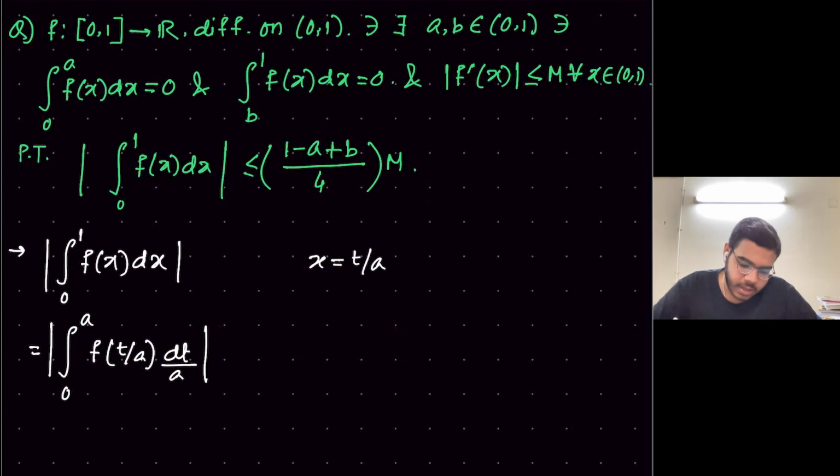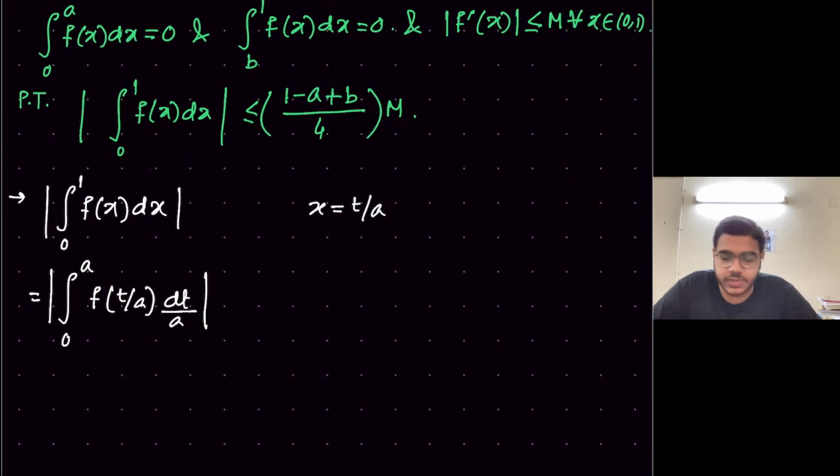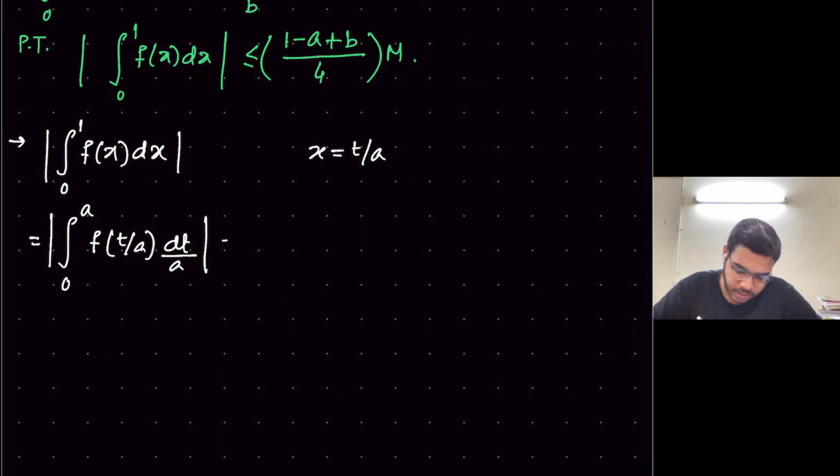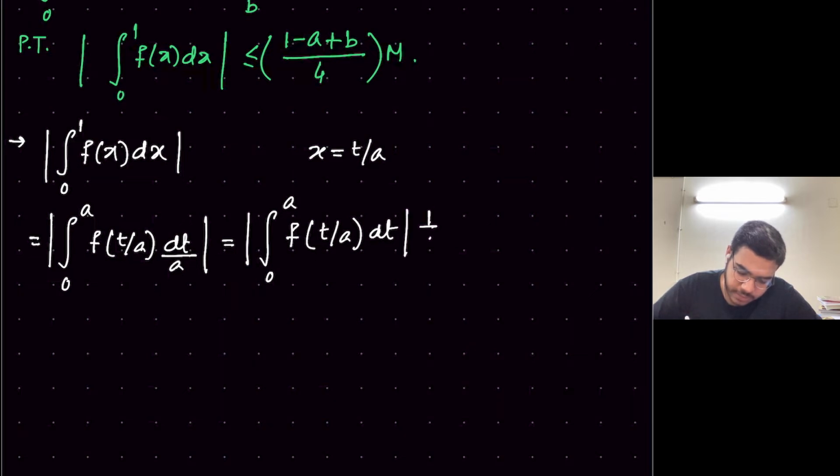Now your a and b belong to (0, 1), so you just take a outside of that modulus. So what you have is the integral 0 to a of f(t/a) dt times 1 by a. First keep it here.